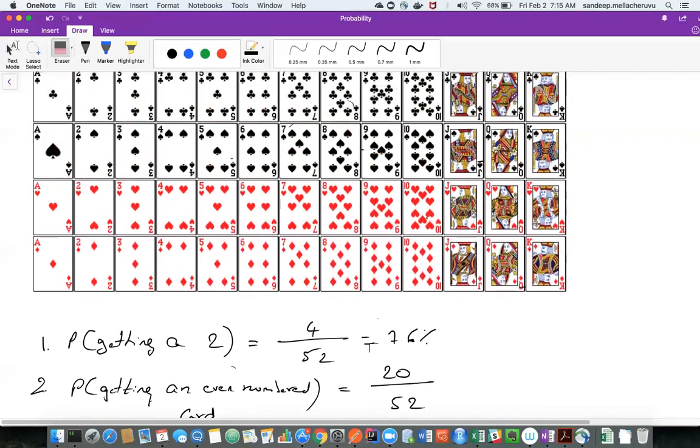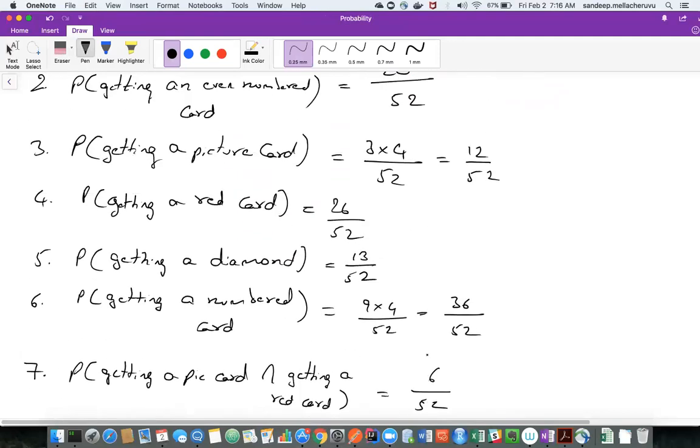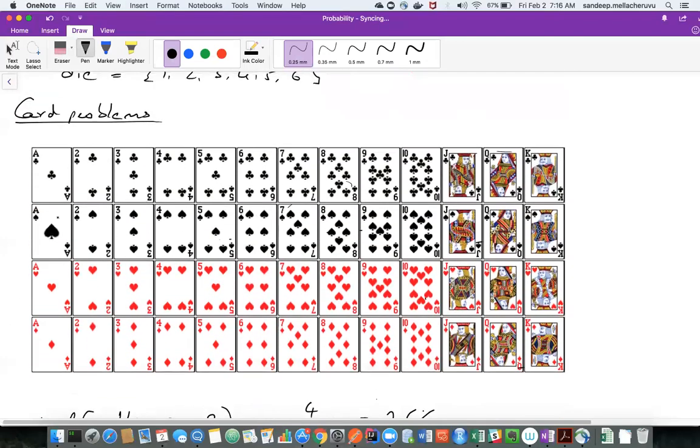Now, let me ask you a few more questions. Let me ask Vijaya first this time. Vijaya? Yes, I'm here. Probability of a picture, given that it is not a spade.